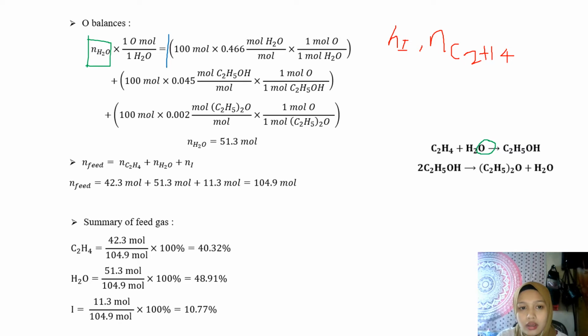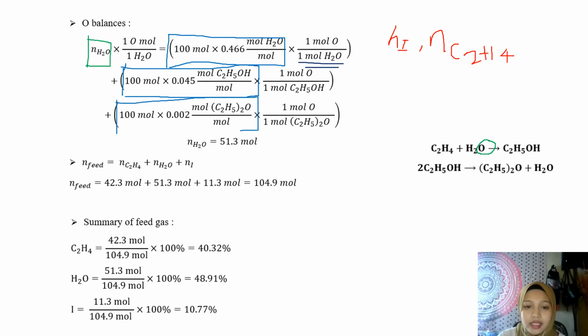the number of moles of water, H2O, at the output side, multiplied by how many O in water and divided by how many moles of H2O involved in the reaction, plus the number of moles of ethanol at the output side, because ethanol also contains O, multiplied by how many O in ethanol, which is 1, divided by how many ethanol involved in the reaction, plus the number of moles of diethyl ether, which also contains O, multiplied by how many O in diethyl ether, divided by how many moles of diethyl ether involved in the reaction.